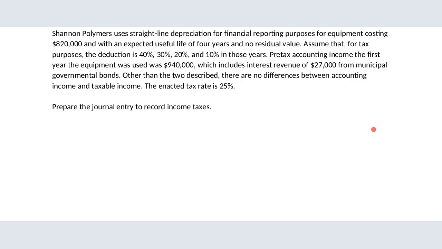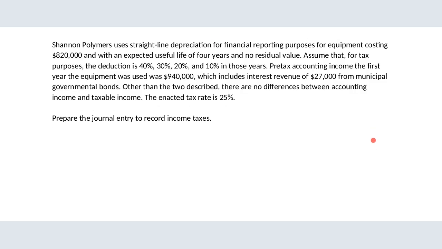All right, we have Shannon Polymers. What a name. Okay, Shannon Polymers uses straight line depreciation for financial reporting purposes for equipment costing $120,000 with an expected useful life of 4 years and no residual value.